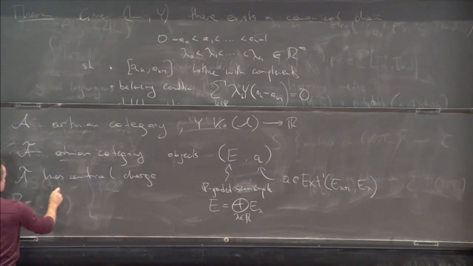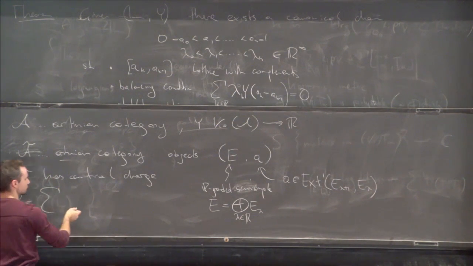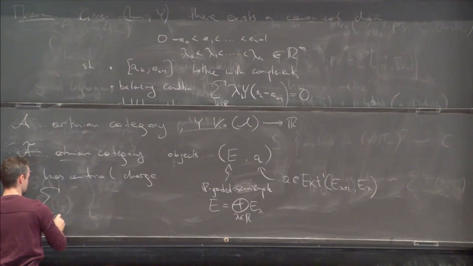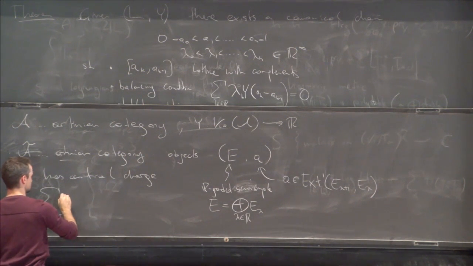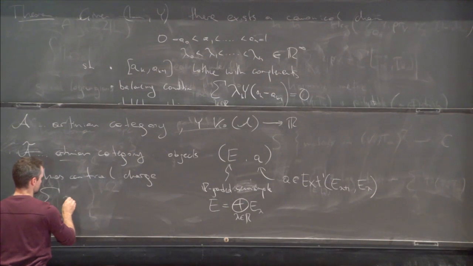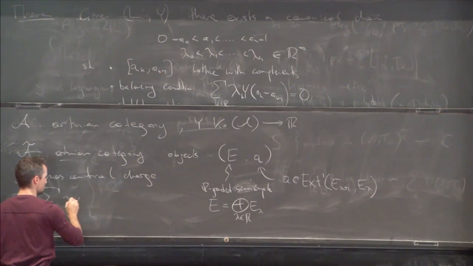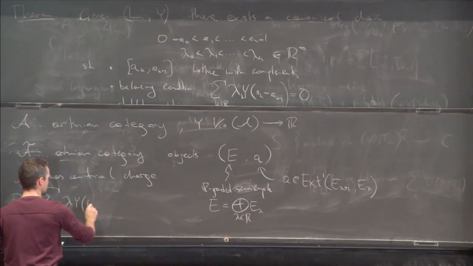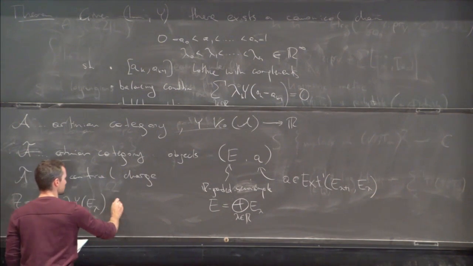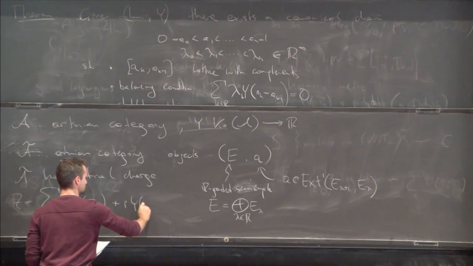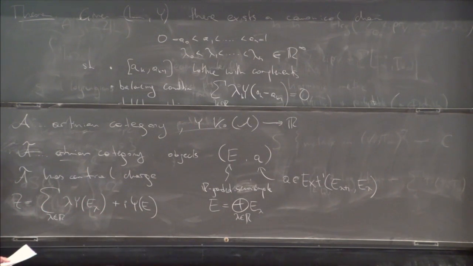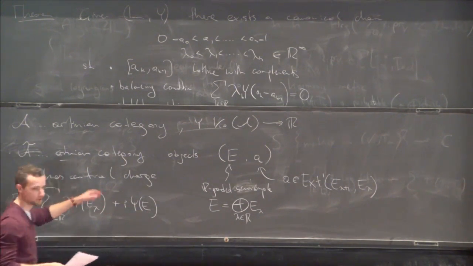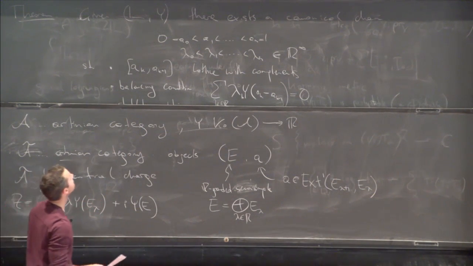So C, which is the sum over lambda in R of lambda times y. Let me take the formula of lambda plus I times y of e. So we can talk about stability again in this new category.